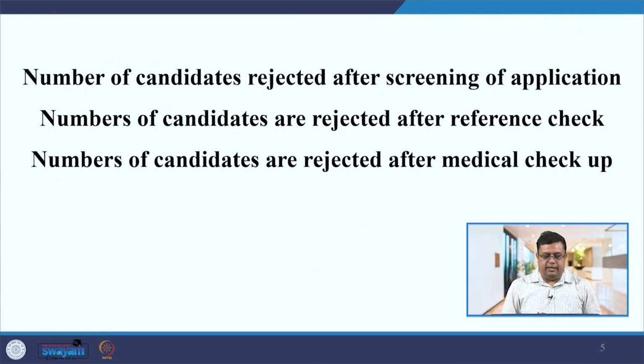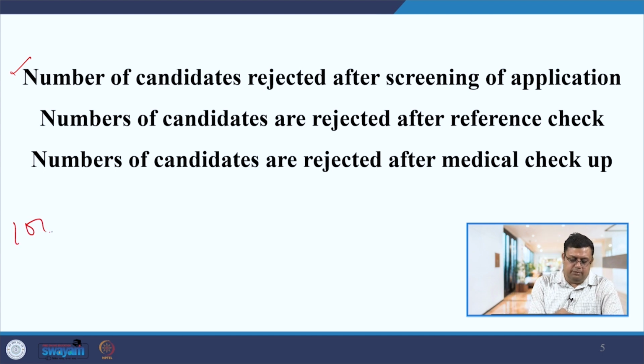Next thing that we can calculate, and that ratio that I always suggest, is that we should have certain numbers. The first number you can have is the number of candidates rejected after screening of the application. Let us assume 1000 candidates have applied for a job.